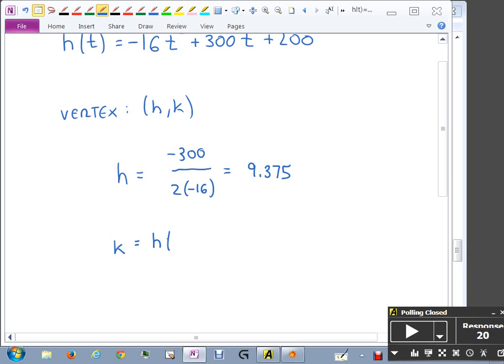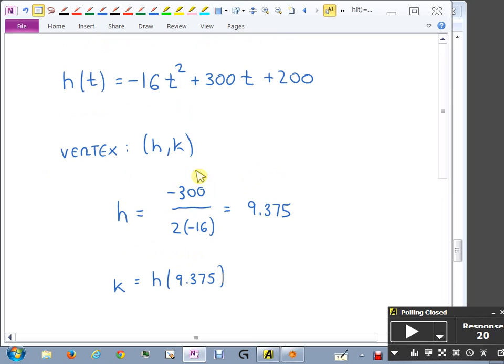That's H of 9.375. Notice I didn't put F of 9.375. Why not? What's the name of this function? H of t, right? So I'm plugging this into my function, which is H. So you've got to plug that in to this. So I've got to go and do negative 16 times 9.375 squared plus 300 times 9.375. I'm out of room, plus 200.